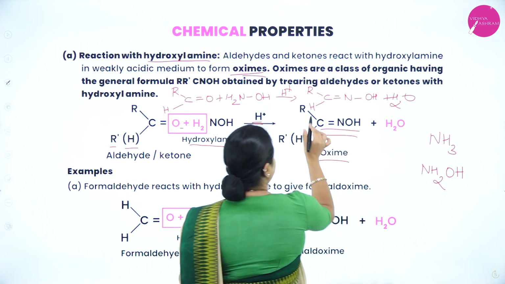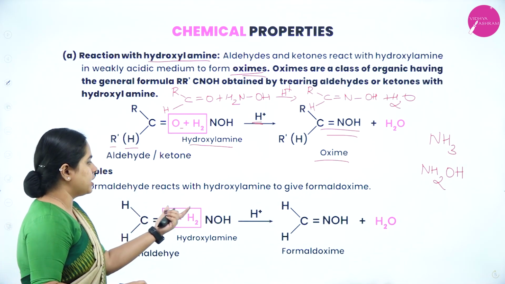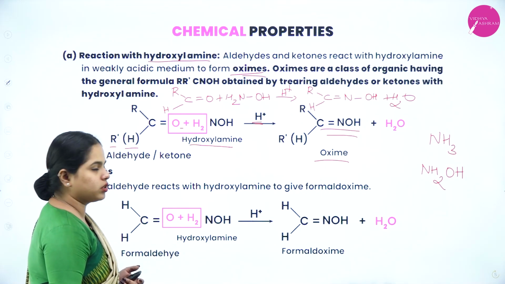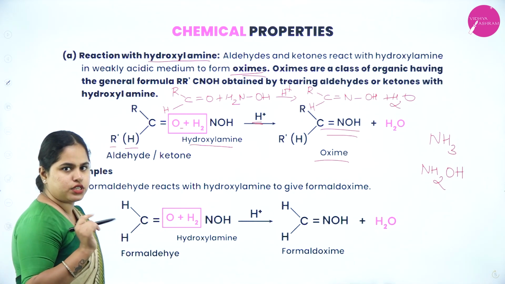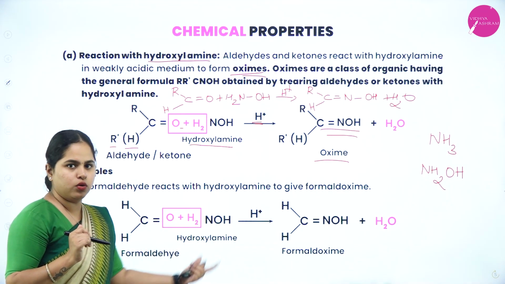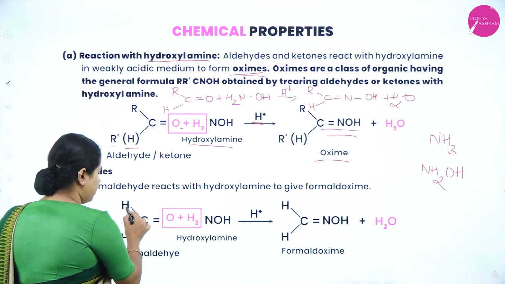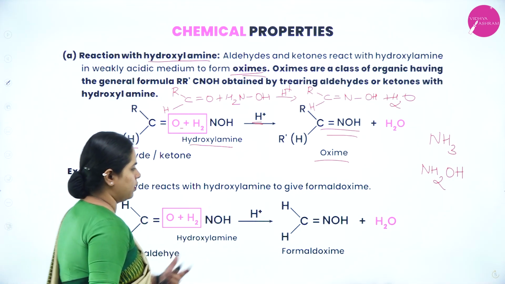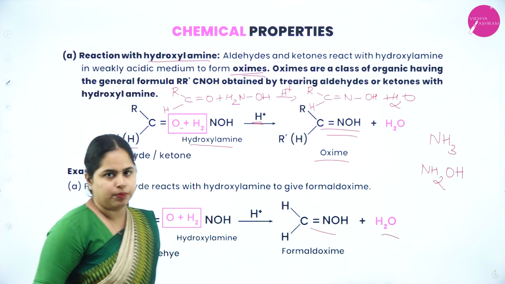If it is a ketone, instead of hydrogen there will be an alkyl group. Clear? So formaldehyde reacts with hydroxylamine to give formaldoxime. That is HCHO, formaldehyde, the first aldehyde. It reacts with H2NOH, that is NH2OH, hydroxylamine. Water will be removed, so you will have HCH=NOH formed. That's it, simple. And water will be formed. So this is formaldoxime. Clear?